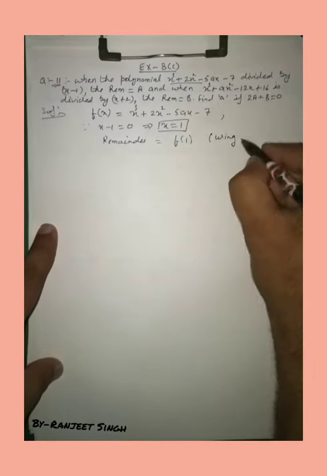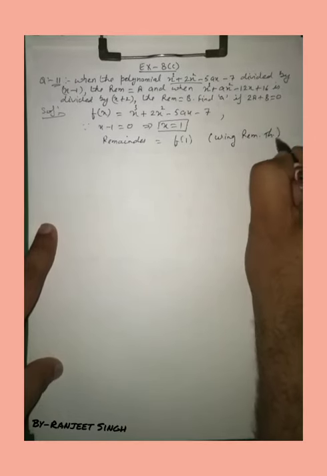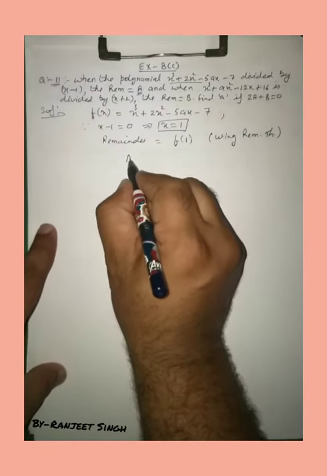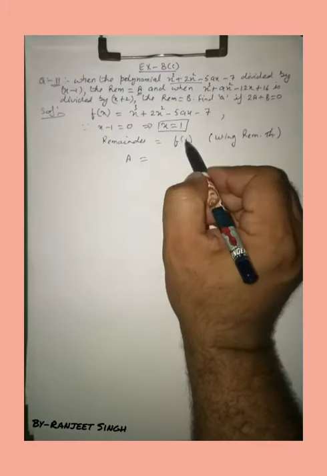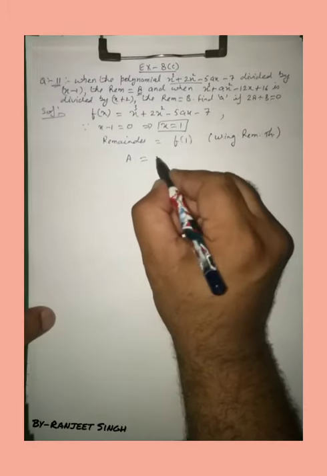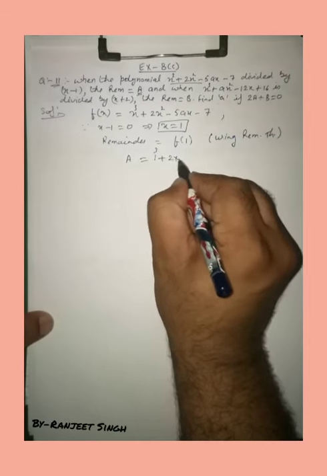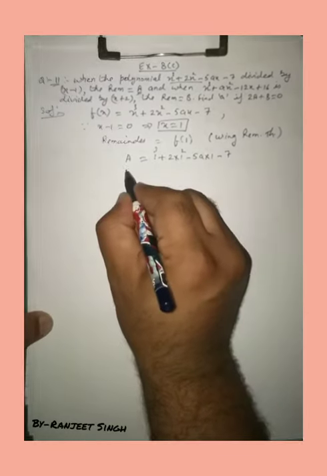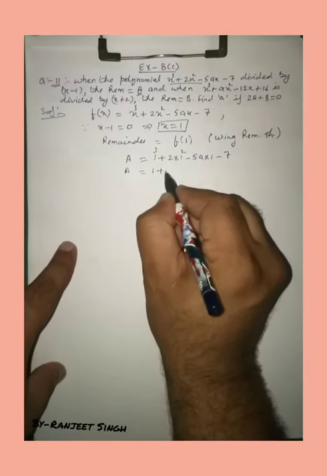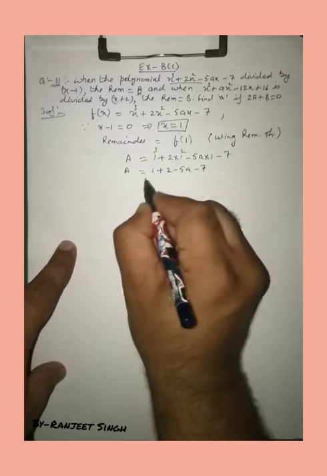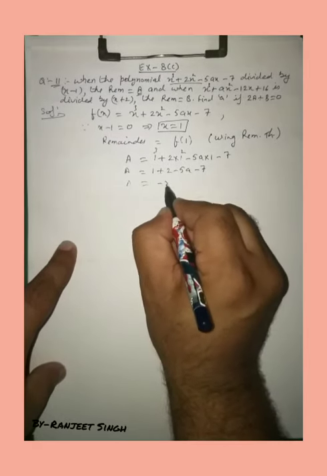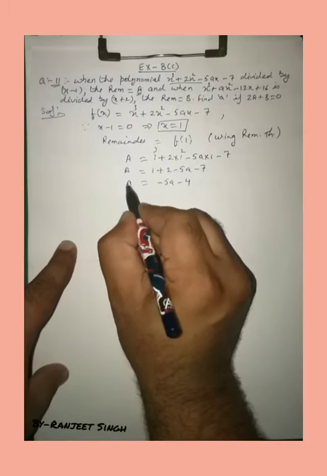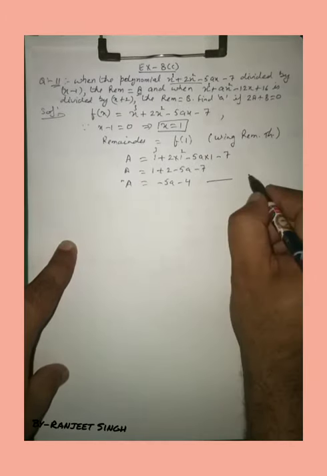The remainder in the first part is given as a, so a will be equal to 1 cube plus 2 multiply 1 square minus 5a multiply 1 minus 7. So from here we get 1 plus 2 minus 5a minus 7. So a is equal to minus 5a, 1 plus 2 is 3, 3 minus 7 is minus 4, so minus 5a minus 4. So this is the value of a. I am naming it as equation number 1.